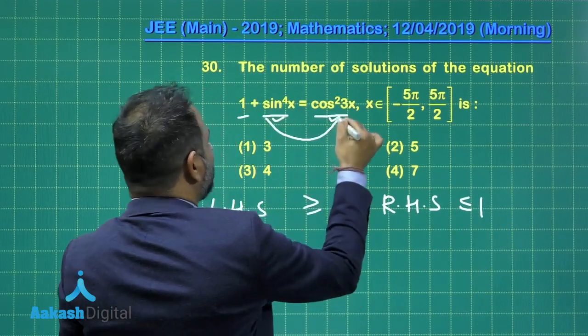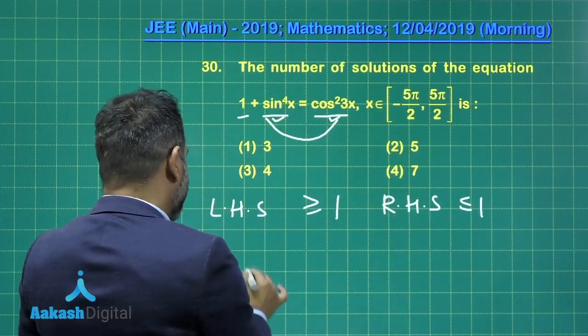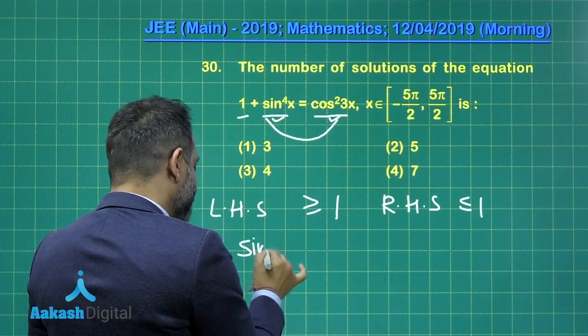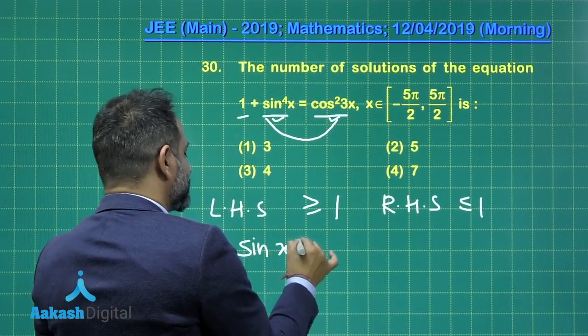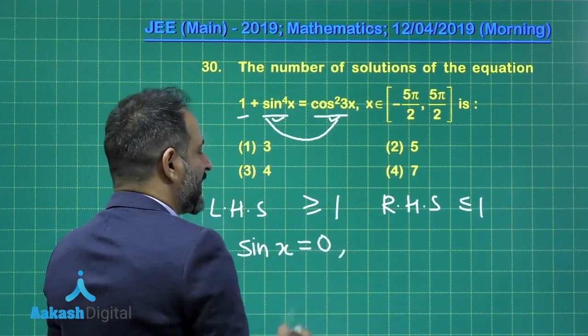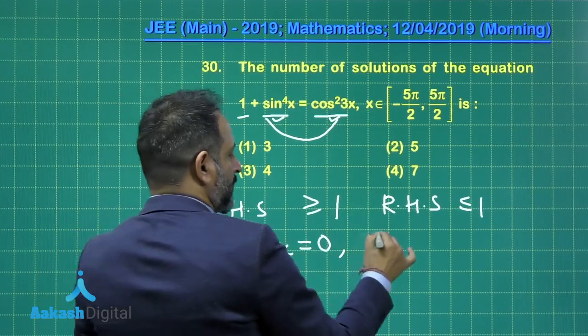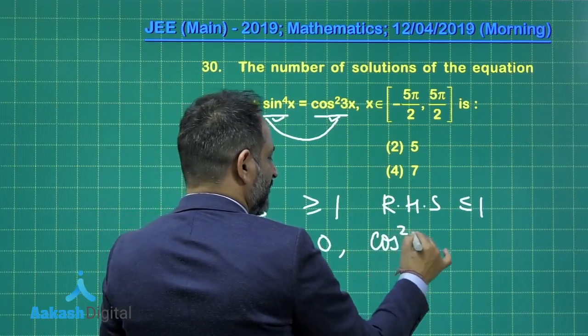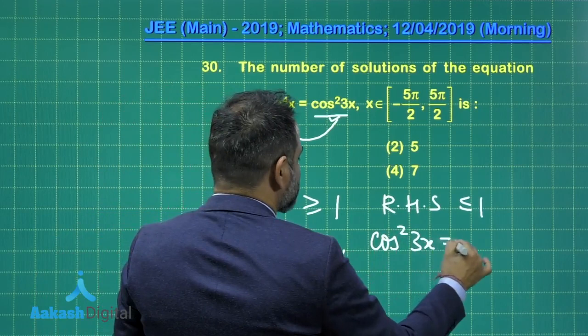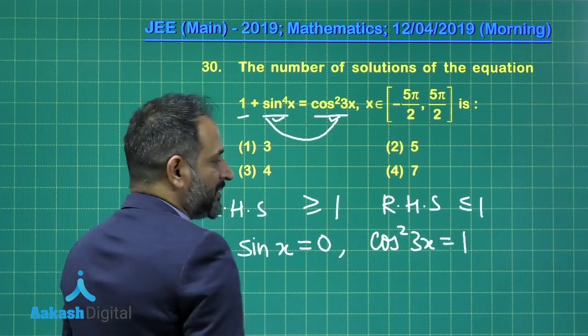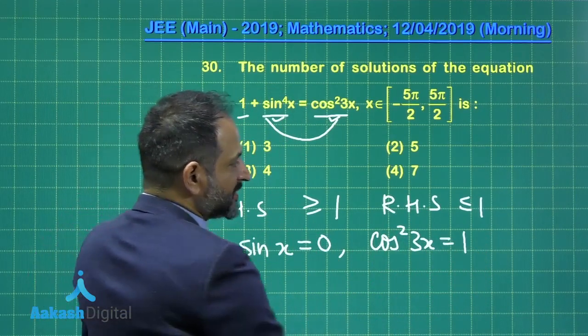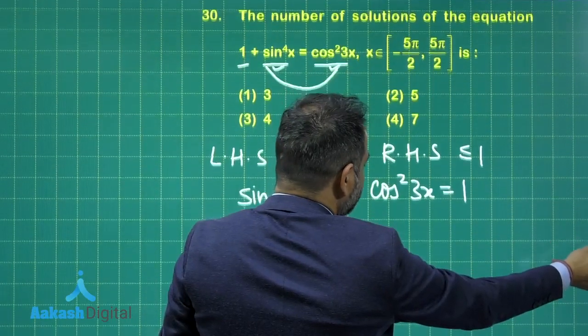Now the equality will hold only if sin x becomes 0 and at the same time cos of 3x square is equal to 1. Now let us see what are the solutions which are satisfying both these.